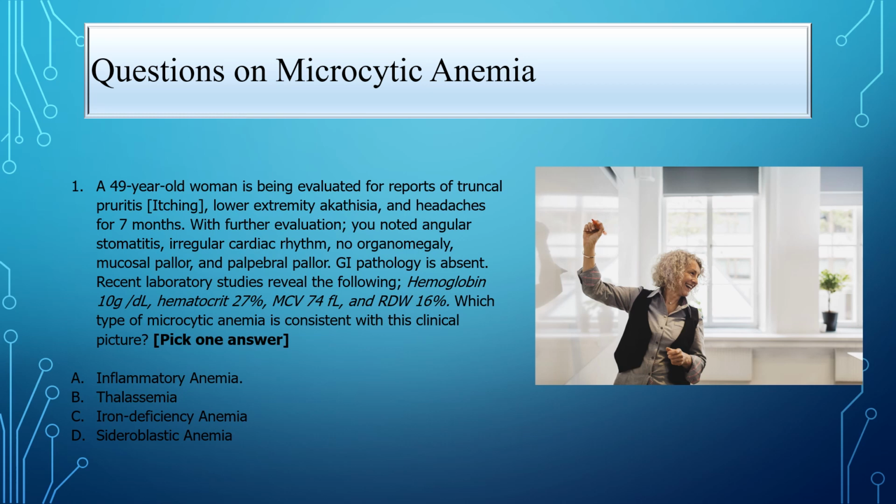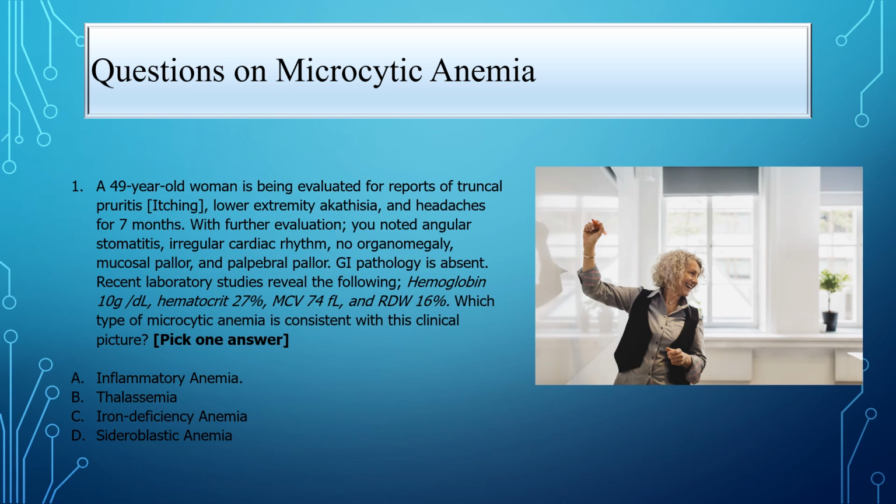So the question stem is asking about a specific type of anemia, the anemia that's portrayed in this clinical picture. Some key information that you need to successfully answer this question is, first of all, you have to have a knowledge of atypical symptoms in iron deficiency anemia, given that iron deficiency anemia is the most common type of microcytic anemia.